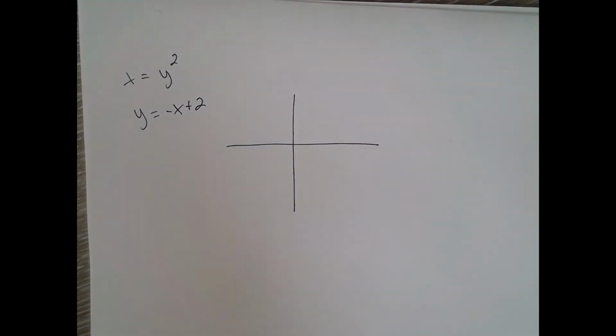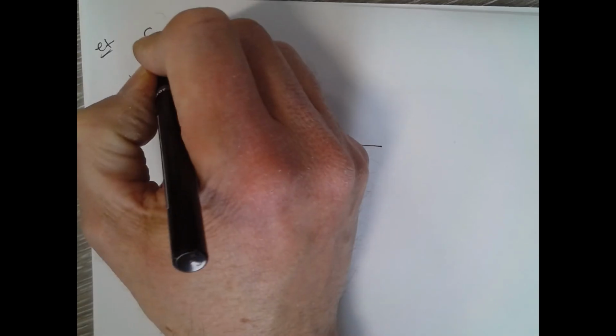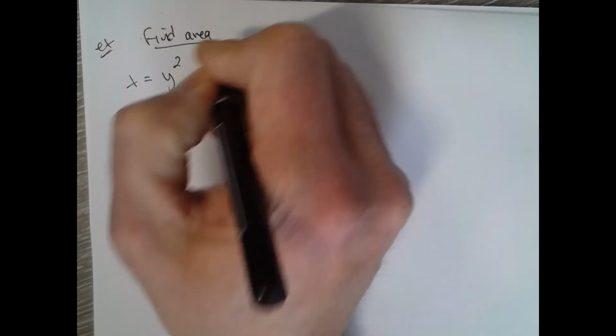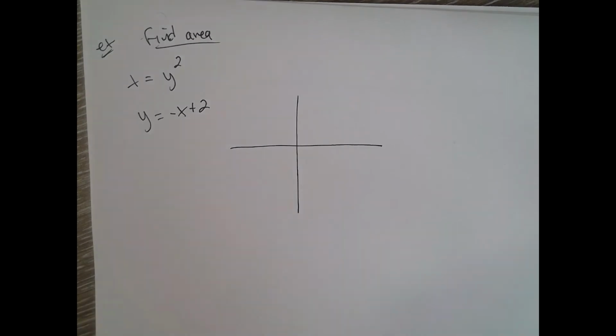Anybody know what that shape is? It's an example. Find the area. Good. Very good, Carter. If you take the square root of both sides, y would be plus or minus the square root of x. So it's like a sideways parabola opening up to the right.